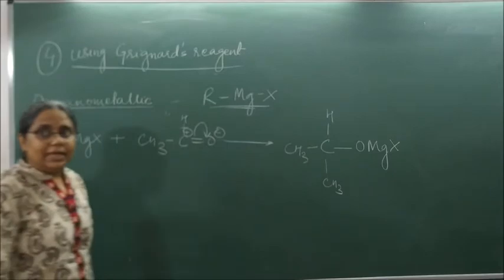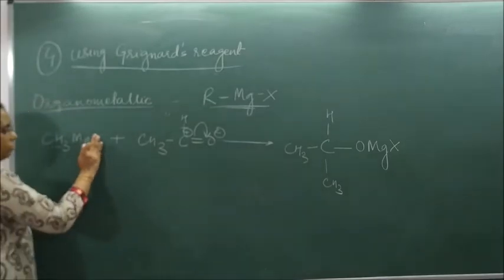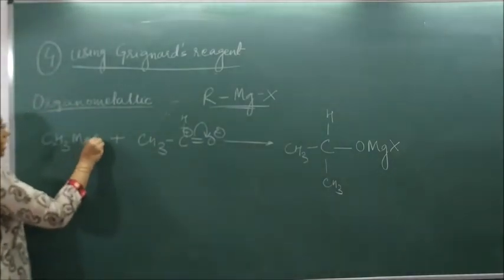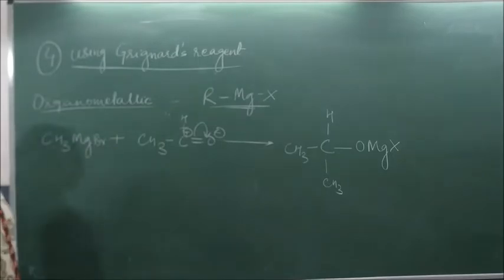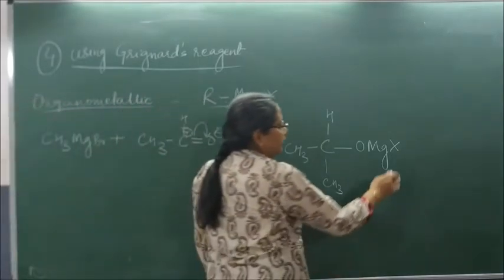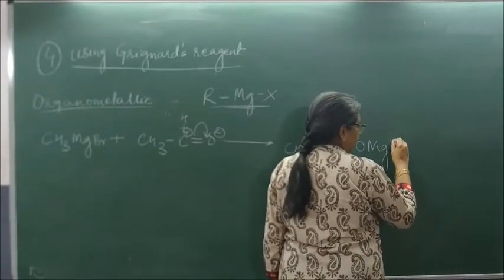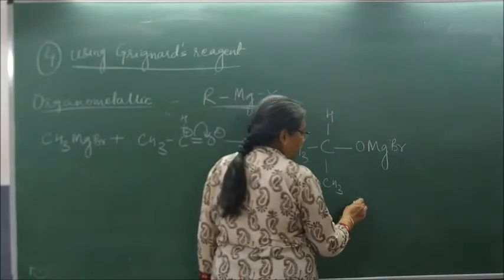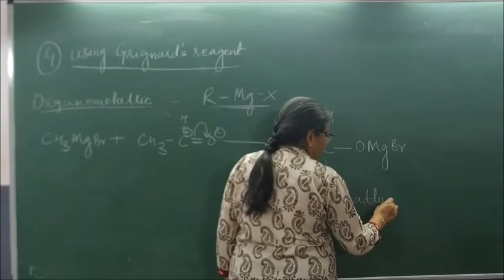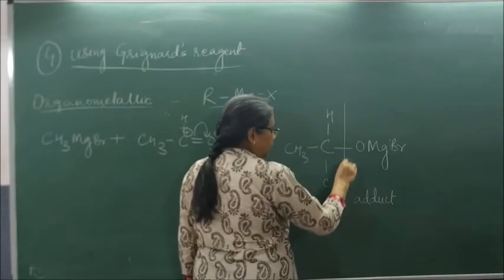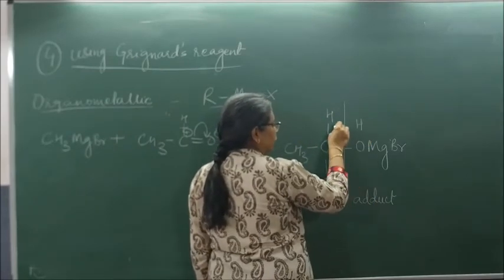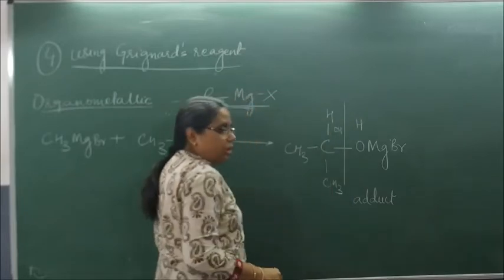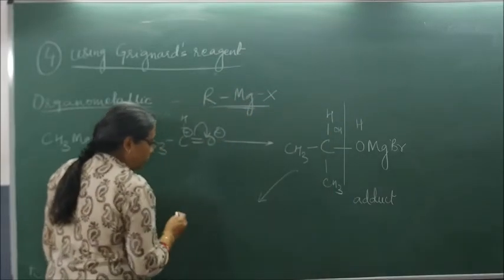See, when you are writing an actual reaction, this X also you can substitute. Most of the time we will use what? CH3MgBr. So I will write this X as Br. What compound? An addition compound, called an adduct. This breaks down as H and OH. You get a compound like this.